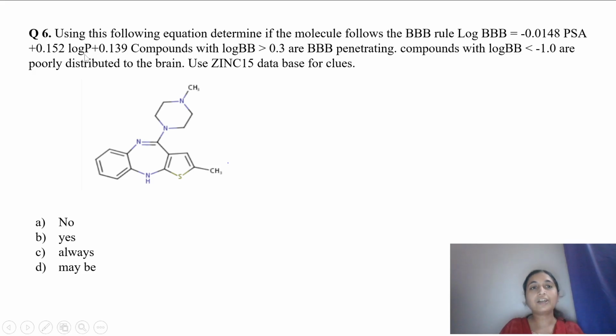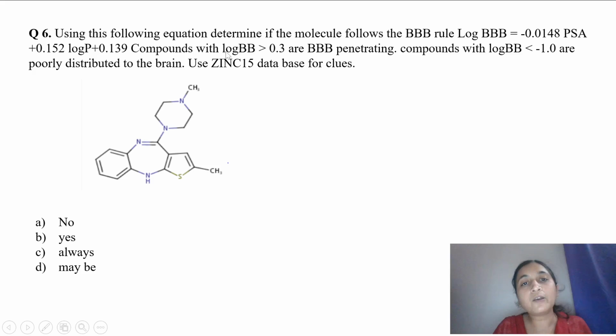Okay. So now we will solve question number 6. Using the following equations, determine if the molecule follows the BBB rule. Log BB, blood-brain barrier, equals minus 0.0148 PSA plus 0.152 log P plus 0.139.